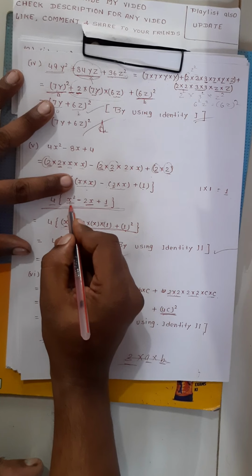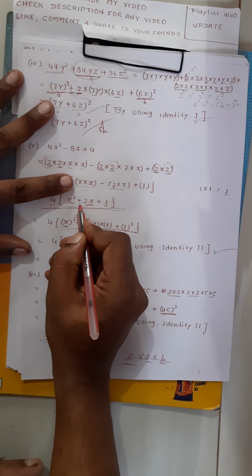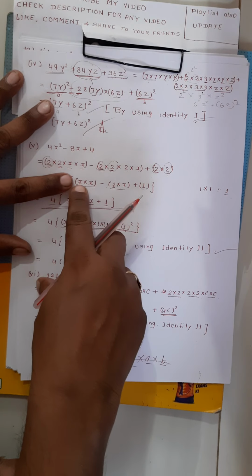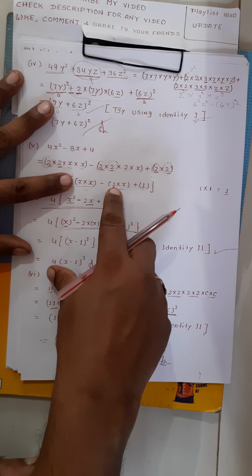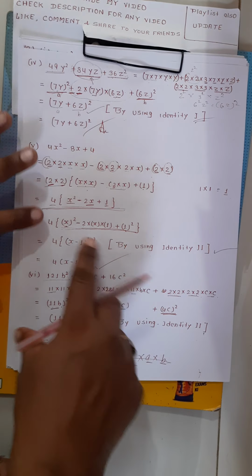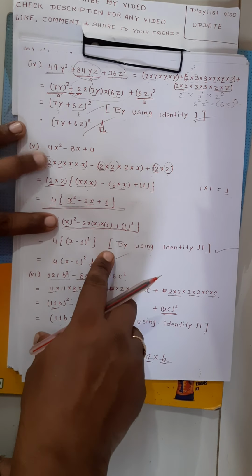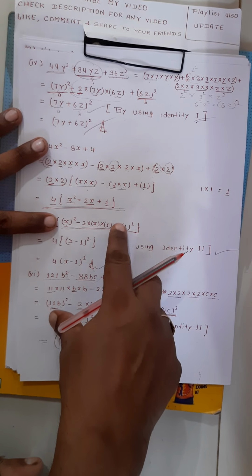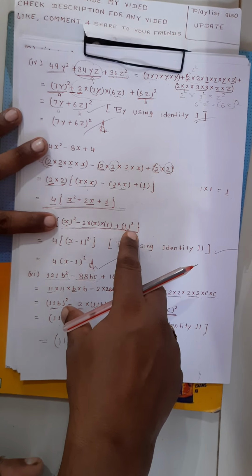So x square: we didn't simplify, only x into x equal to x square, minus 2 into x equal to minus 2x, and 1 for 1. So here we have written it again. x square has come, and for the 1 our value becomes whole square of 1.